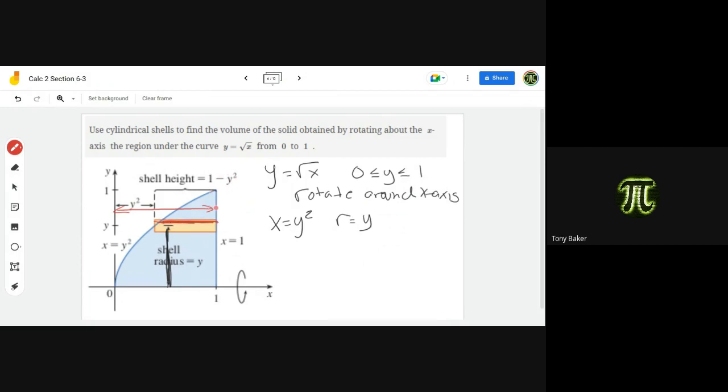So I need to take the 1 all the way back to the axis. So my height is going to be 1 minus, and I'm subtracting off that y squared part, this piece over here, which I don't want. Okay? So my height is now 1 minus y squared, not just y squared.